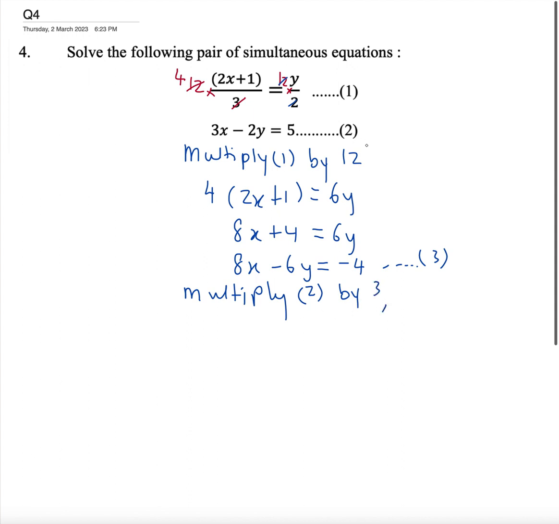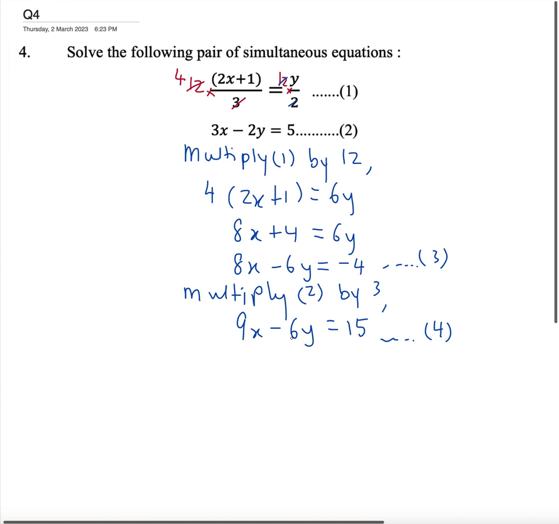And that gives us 3 times 3 is 9x, 3 times 2 is 6, negative 6y, and 5 times 3 is 15. That gives us the fourth equation.